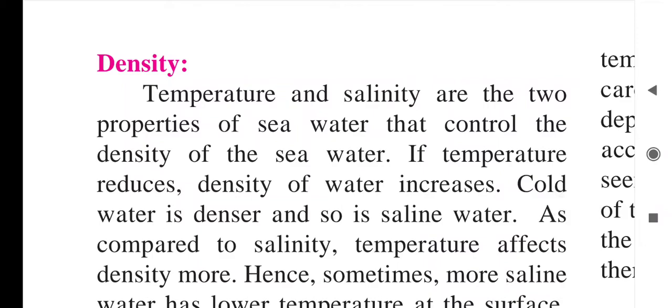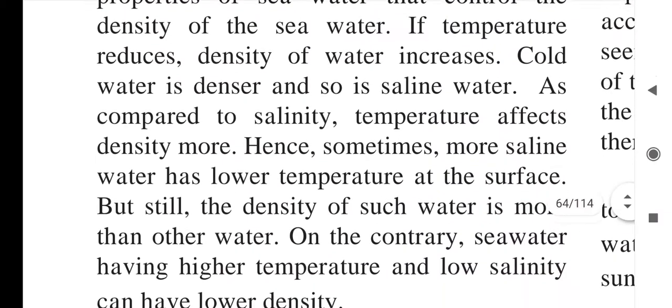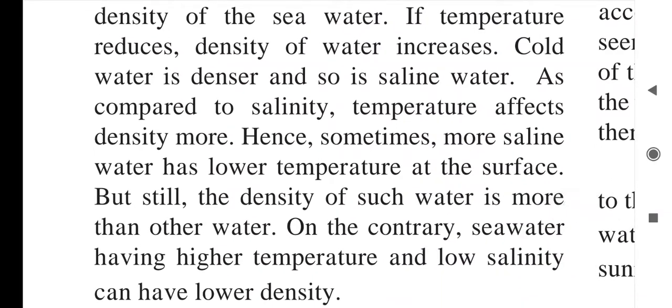So in cold regions we find more salinity, but as compared to salinity, temperature affects the density more. Hence, sometimes more saline water has lower temperature at the surface, but still the density of such water is more than other water.